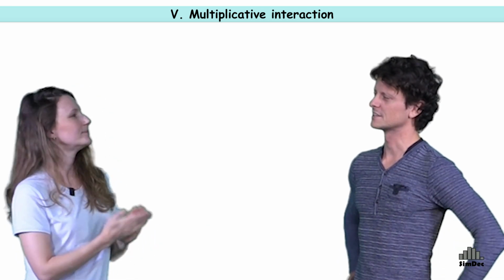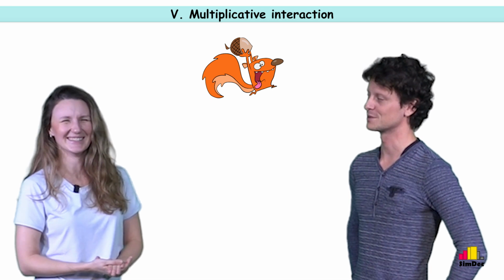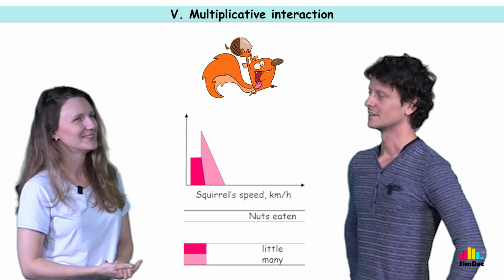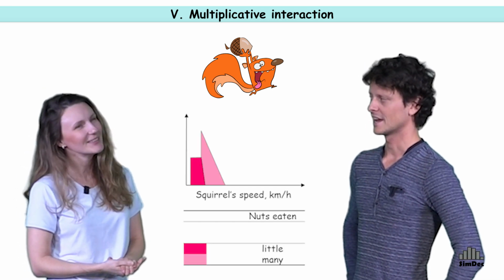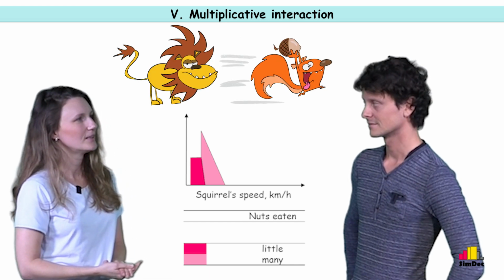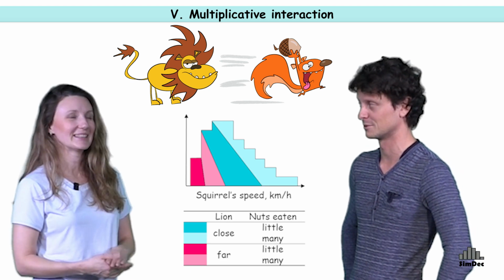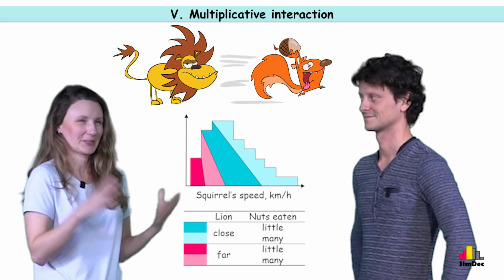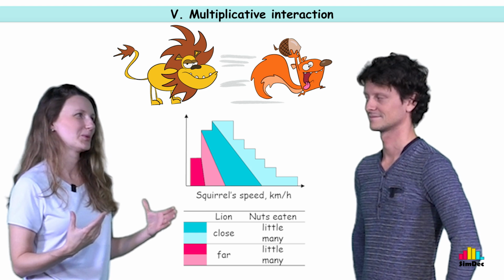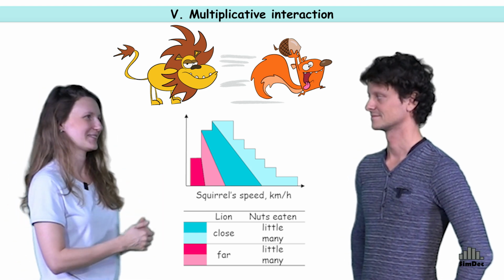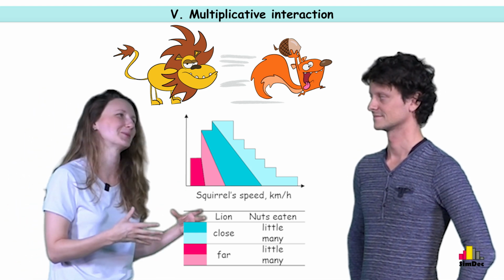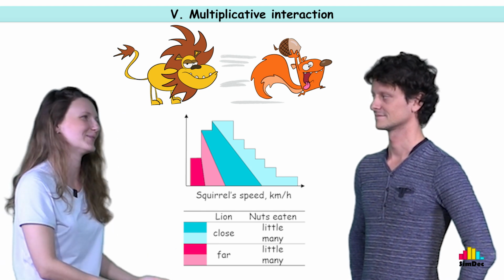If we take again the squirrel, its speed was affected by the amount of nuts it was eating, and if there is a lion, then the squirrel is going to go even faster. The presence and proximity of a predator would reinforce the amount of food the squirrel consumed and make it run even faster.